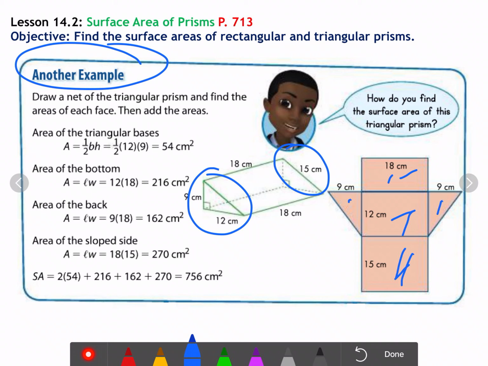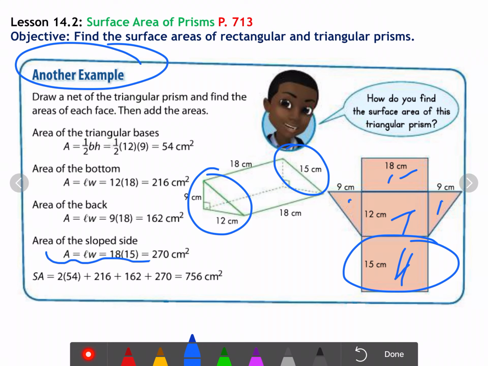So this rectangle is 15 multiplied by 18, which is length multiplied by width.